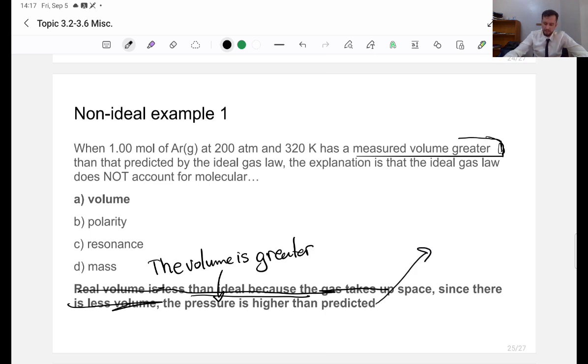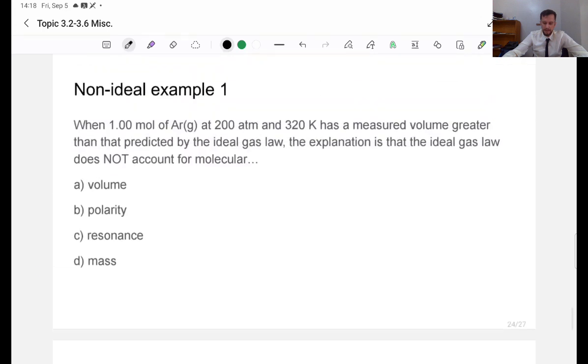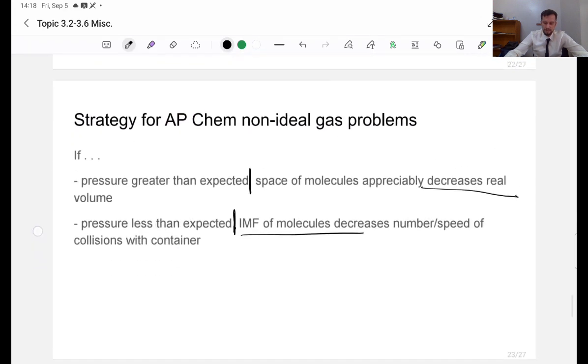Why is there more pressure than predicted? Because the molecules themselves take up space, which has increased the volume. So that goes back to the two reasons. There was an increase in volume. Why? Because the pressure was greater than expected. Therefore, it has to do with not accounting for the volume of the gases themselves.